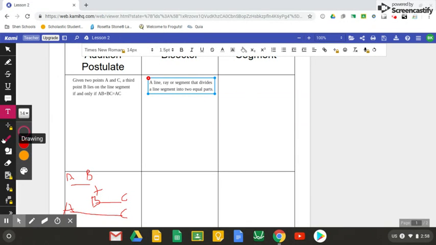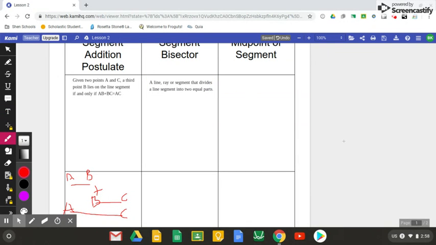So basically what this means is you have a segment right here. I'm going to call this segment XY. And what's going to happen is something, either a line, ray, or segment, is going to cut this perfectly in half.